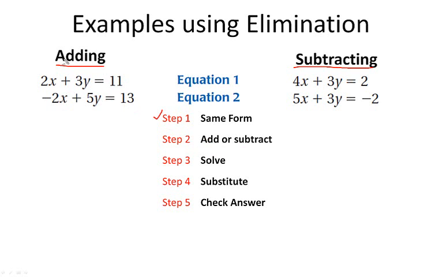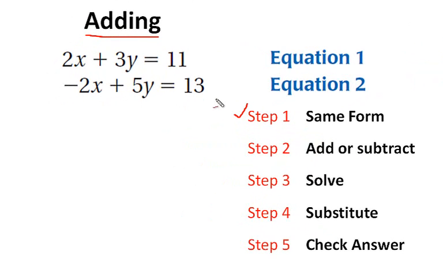This one I already went ahead and put adding, but what you're going to do is go down and add each term. When I add 2x and negative 2x, these cancel each other out. This is pretty much the gist of the elimination method. One of the variables is going to cancel out and give you 0, and then you'll do the rest of them.